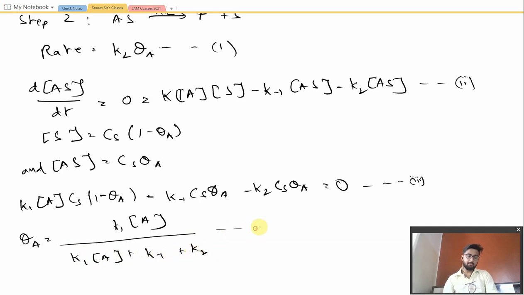This we call equation 4. Therefore, putting the value of this theta A in the rate law, that is K2 into theta A, we will get the next equation that I am about to write down.